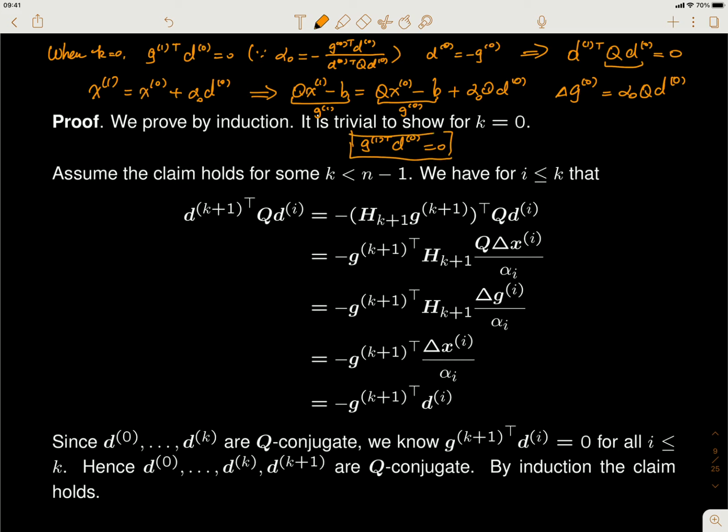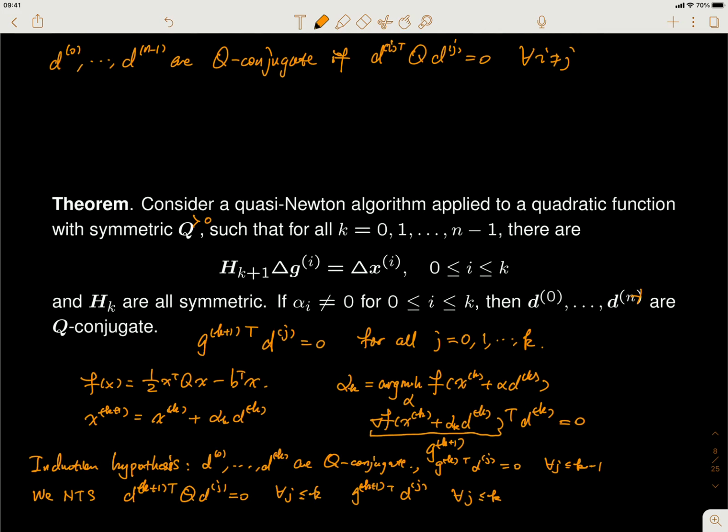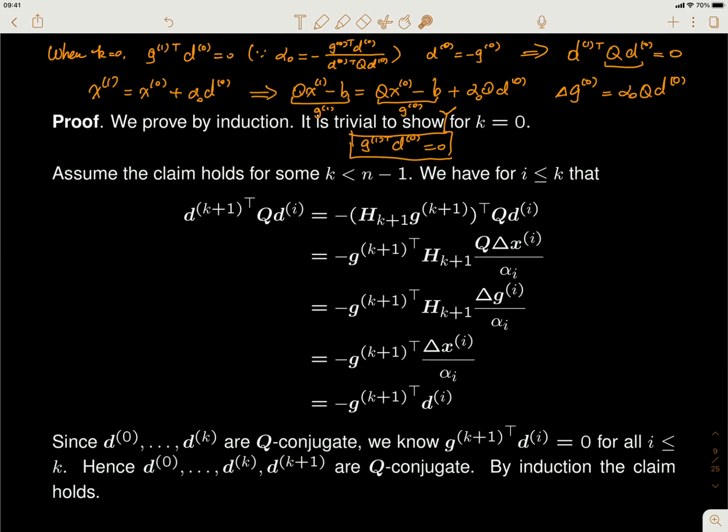And then we can use the property of this HK matrix to show that D(k+1) will be Q conjugate with all the previous DIs, for I less than or equal to K. Okay, so to show that, let's look at this product. We want to show this is equal to 0 for all I less than or equal to K.